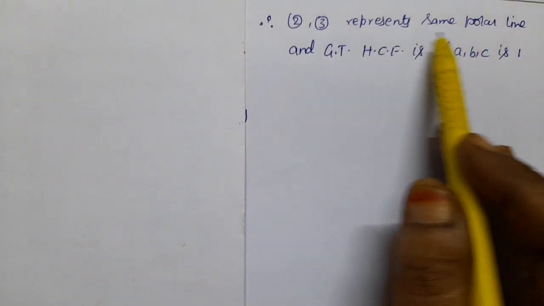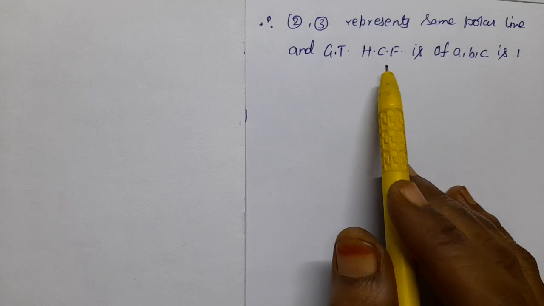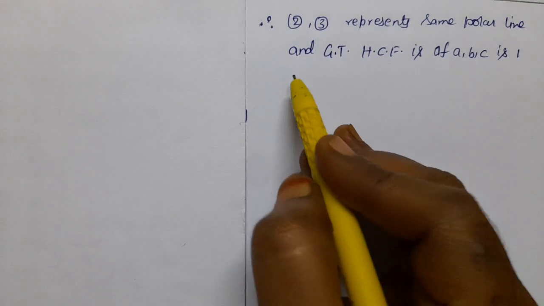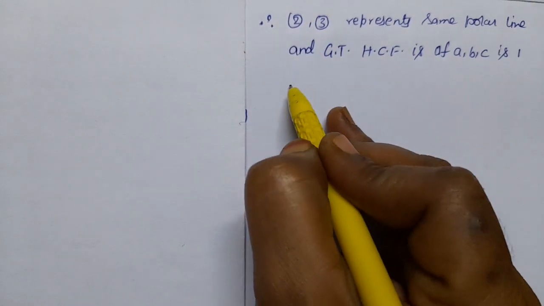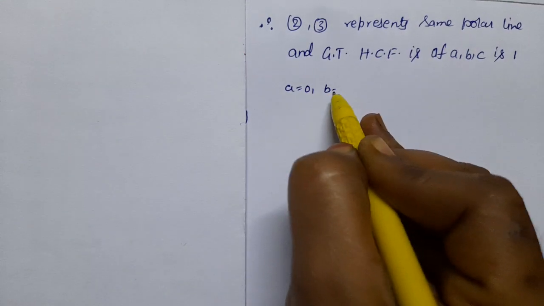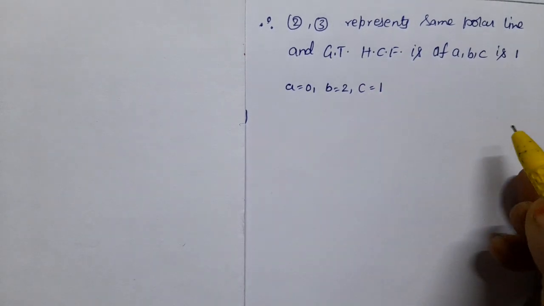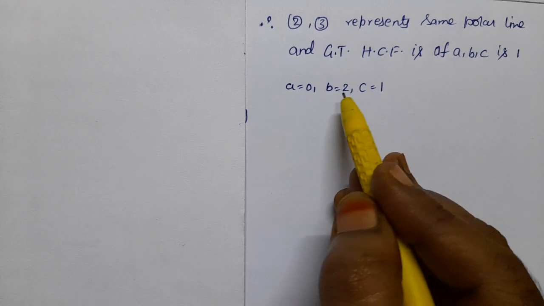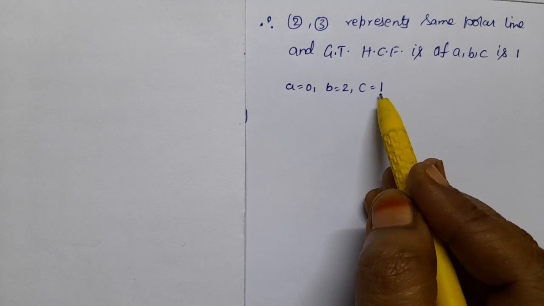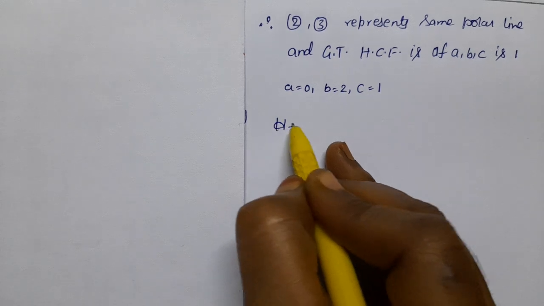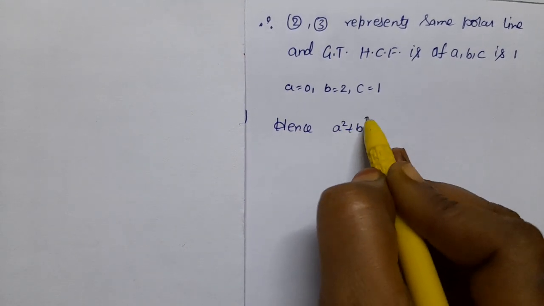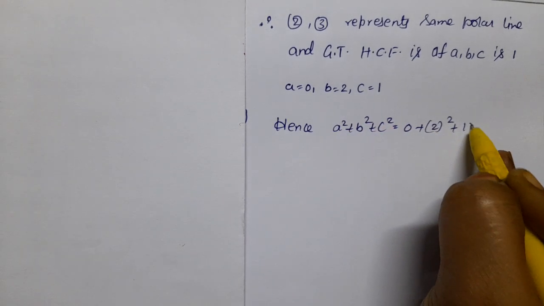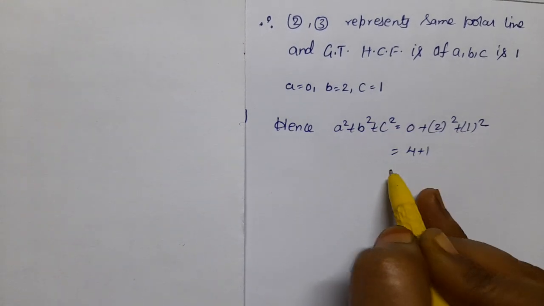Given that the HCF of a, b, c is 1, compare the two equations: a = 0, b = 2 and c = 1. The x coefficient is 0, the y coefficient is 2, the constant is 1. Hence a² + b² + c² = 0 + 2² + 1² = 4 + 1 = 5.